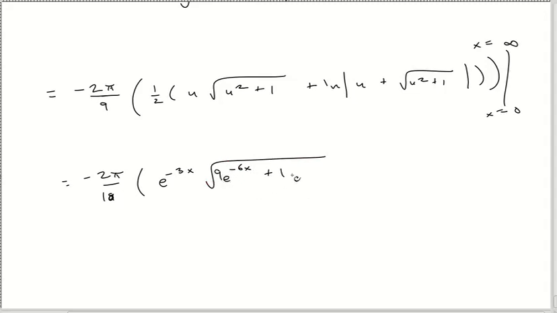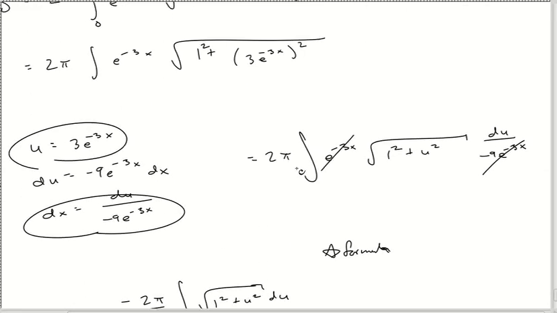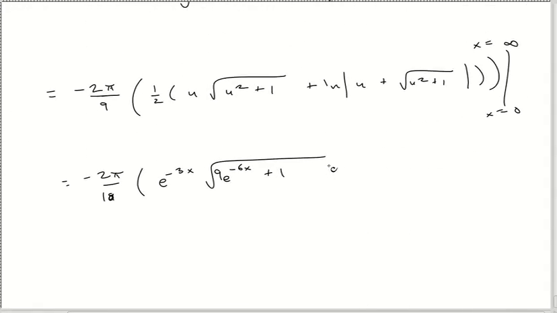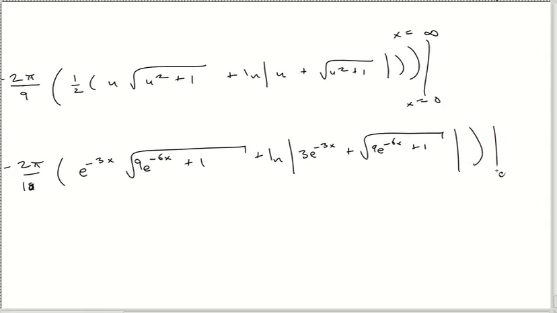There's like a 9. Because that was 3, square the whole thing, get a 9. Yep, okay. Just watch out. There's all kind of little knick-knacky things going on here. There's a 3 there. It's a 9e to the negative 6x plus the 1. Close that off. From, now again, x. It's already implied now, 0 to infinity.